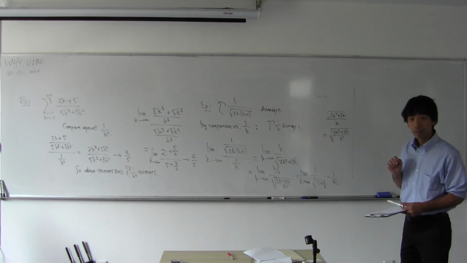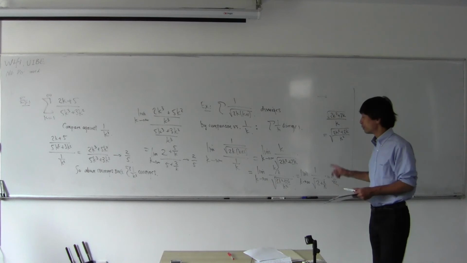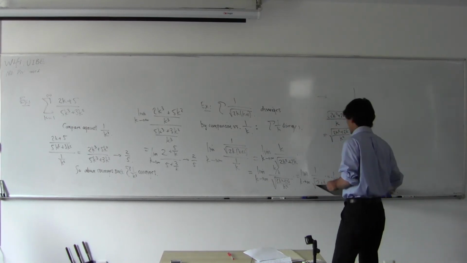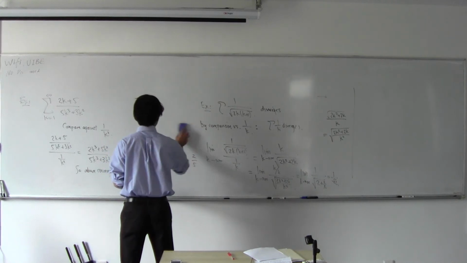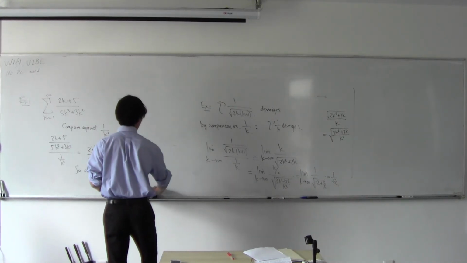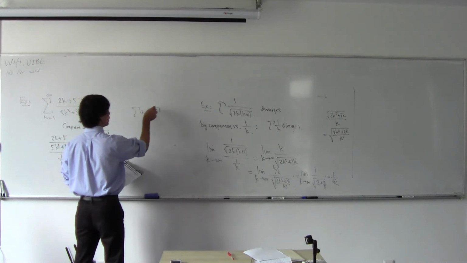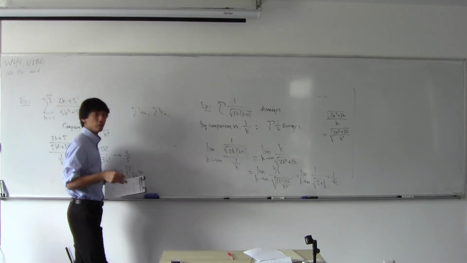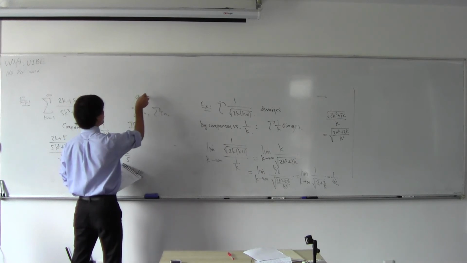Why do we get 1 over root 2? So remember what you have to do. You have one series and you have another series, and these are all positive.